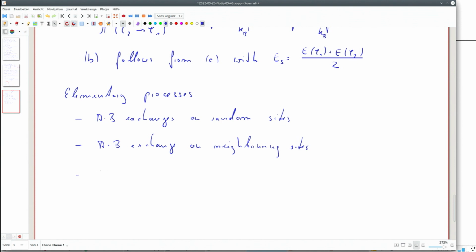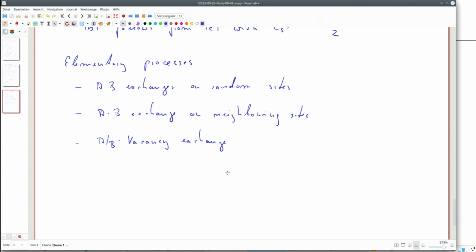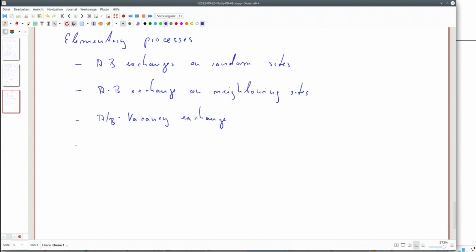Could be A or B vacancy exchange, so atom jumps into a vacancy. And finally, it could be, I would call it transmutation.